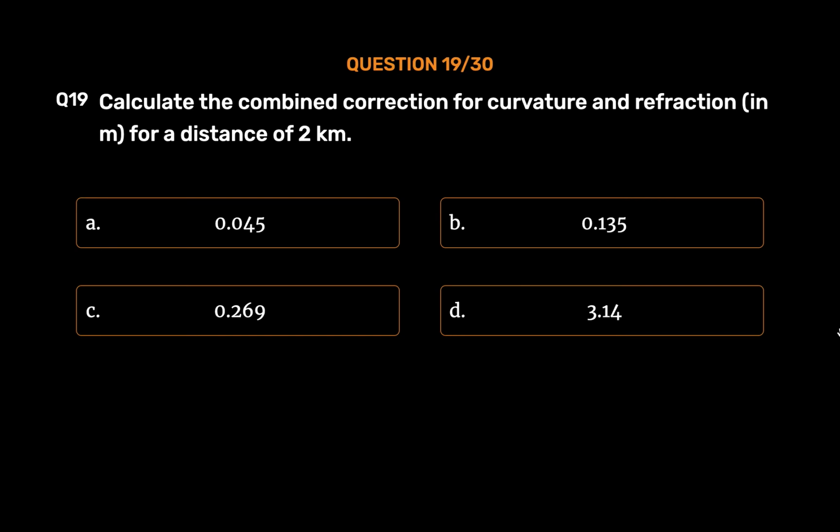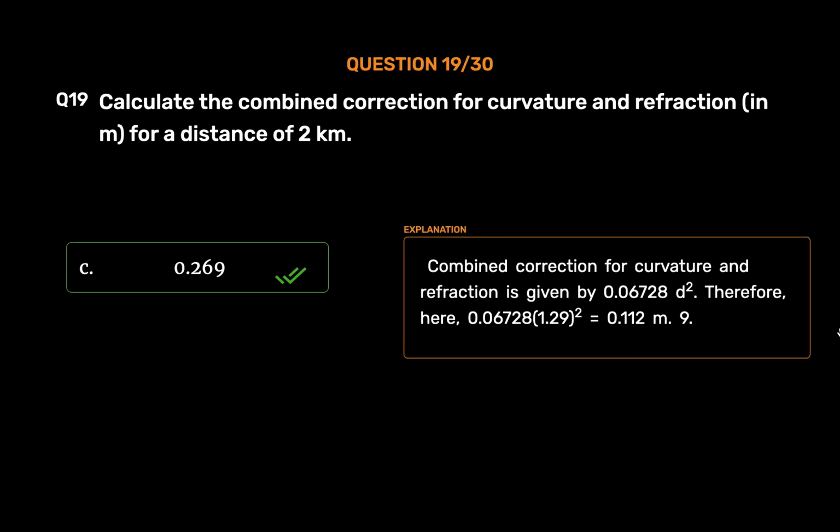The correct answer is option C, 0.269. Combined correction for curvature and refraction is given by 0.06728 d squared. Therefore, here, 0.06728 times 2 squared equals 0.269 meters.